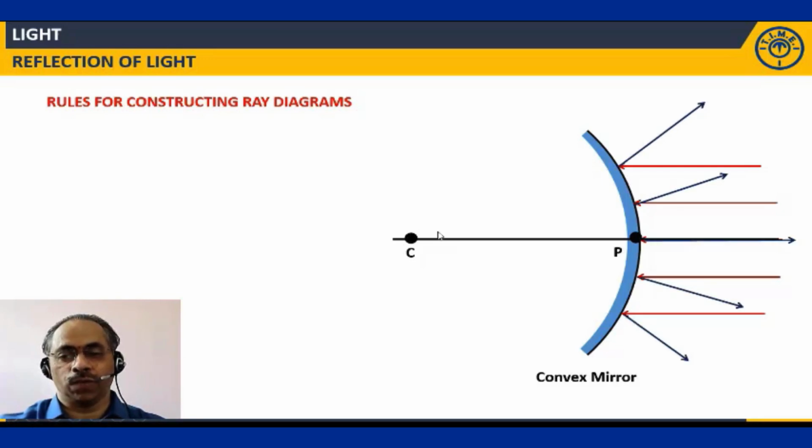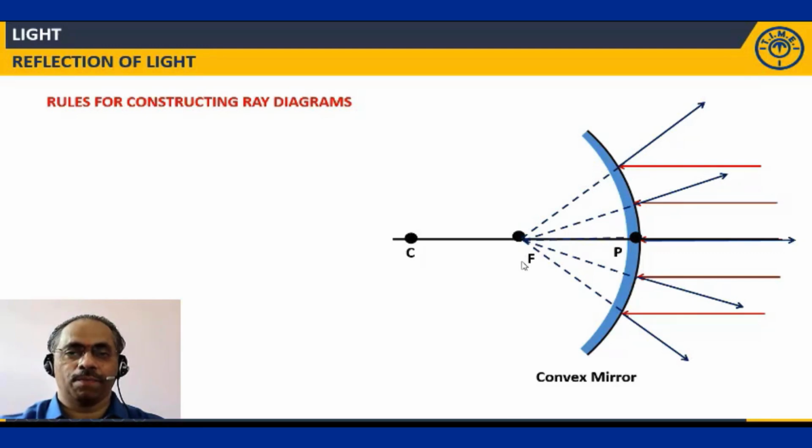All the reflected rays are going this way. If you see very clearly, as the reflected rays progress, they move away from each other. That means they form a divergent beam. So they cannot form an image on the right side of the mirror. So what we need to do is reproduce them back so that they appear to come from a single point, and that is the principal focus.